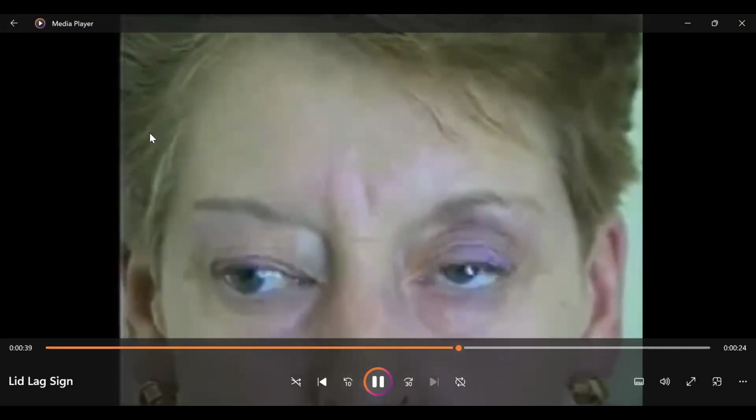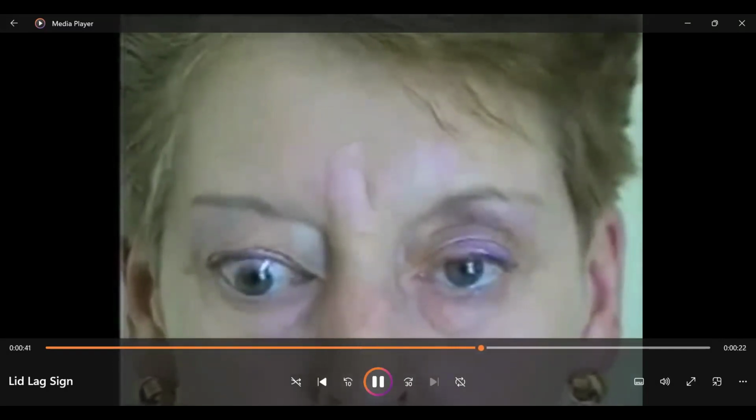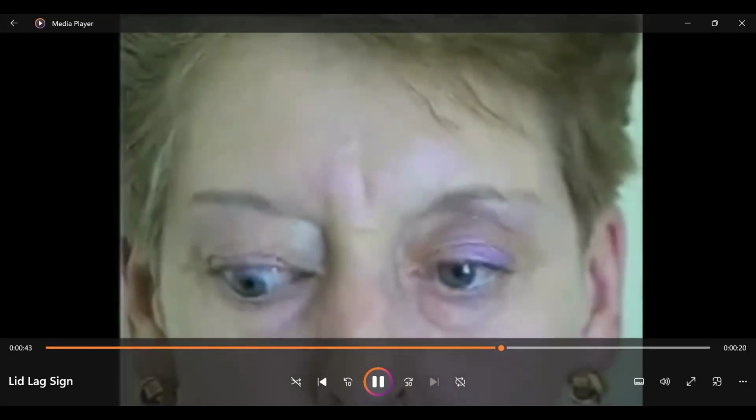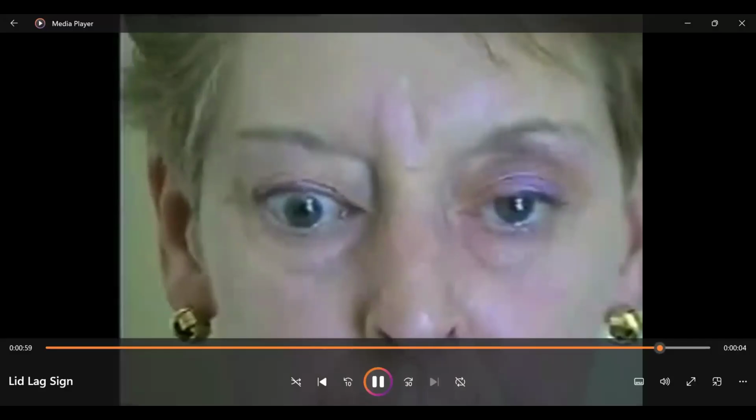This is up and lateral, you see? This is what causes double vision or diplopia. All right? Is it clear? Yes, doctor. Okay.